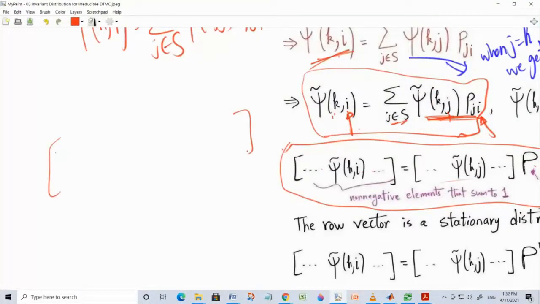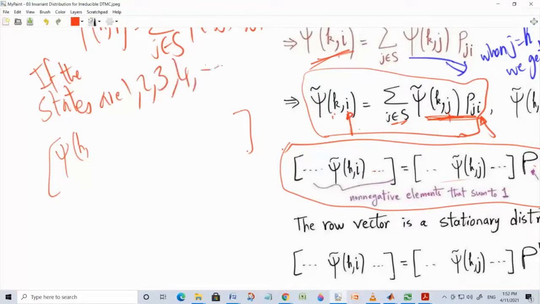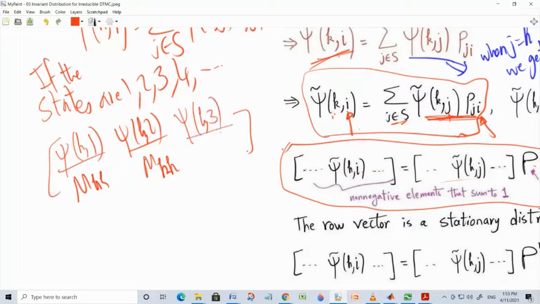If the states are 1, 2, 3, 4, and so on, then we have psi k1 over mu kk, then psi k2 over mu kk, then psi k3 over mu kk, and so on.